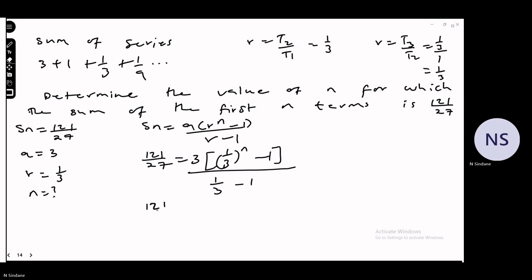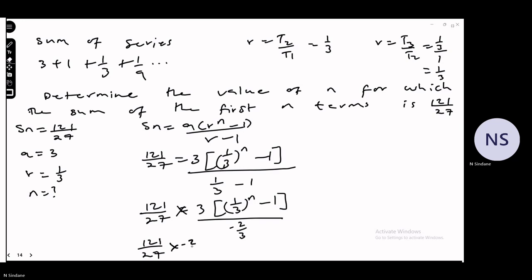Then 1 over 3 minus 1 gives me negative 2 over 3. Then I can cross multiply, so 1 to 1 over 27 will multiply negative 2 over 3, equals 3 into 1 over 3 to the power n minus 1.